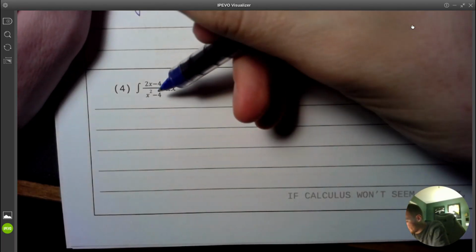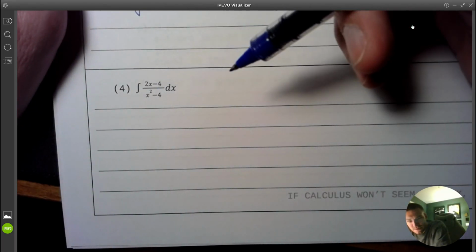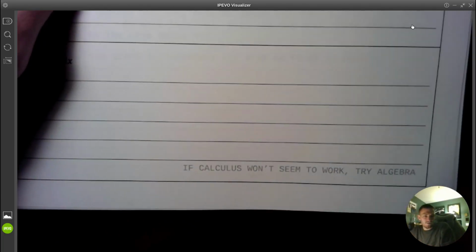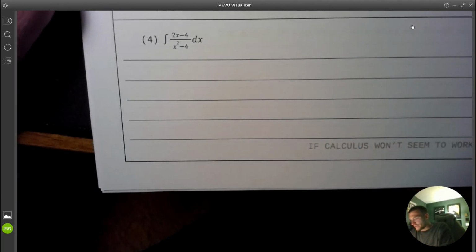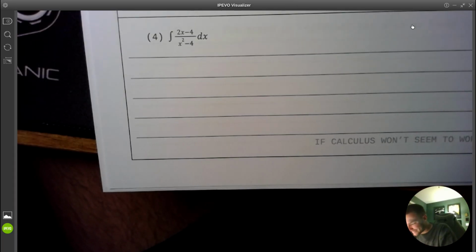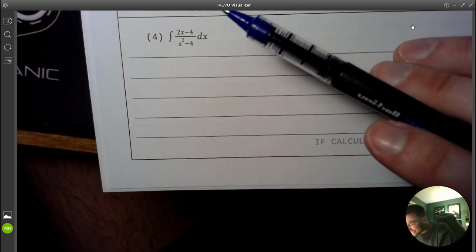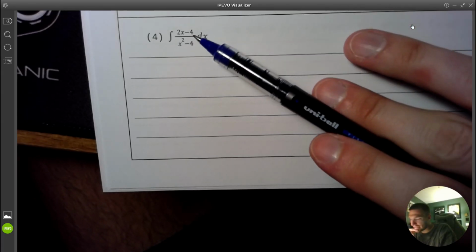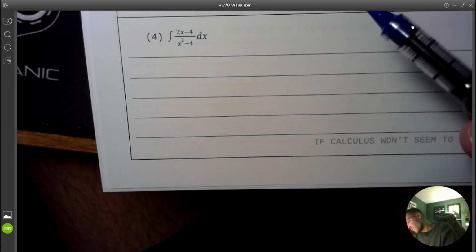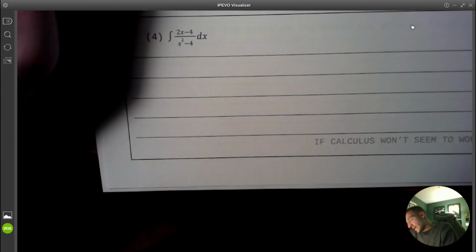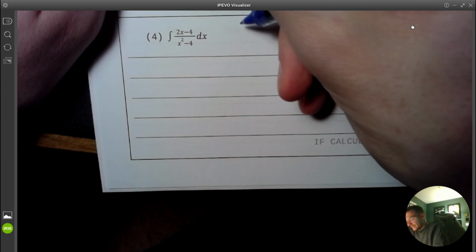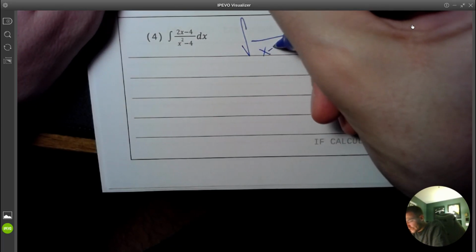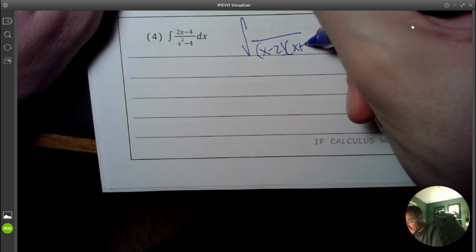Up next, it's the same denominator. Looks like we got a hint. If calculus won't seem to work, try algebra. I'm not really liking calculus. If I set this up with u du, the 2x is not going to cancel out the 2x minus 4. So let's do some algebra. X minus 2, x plus 2.